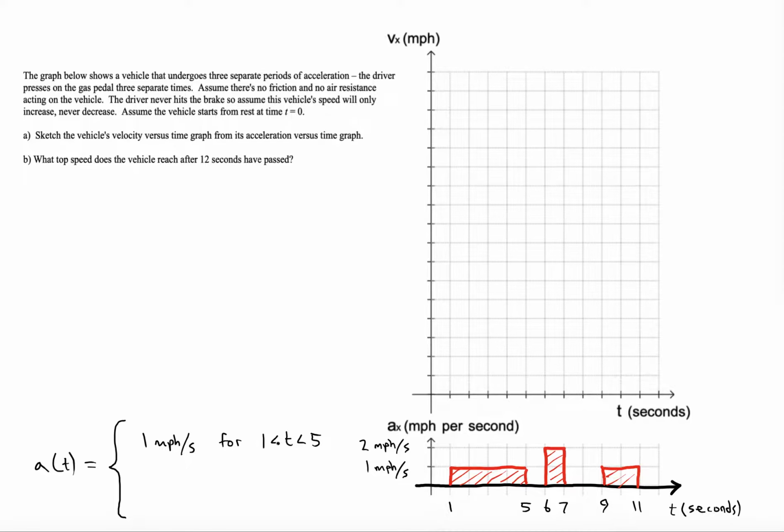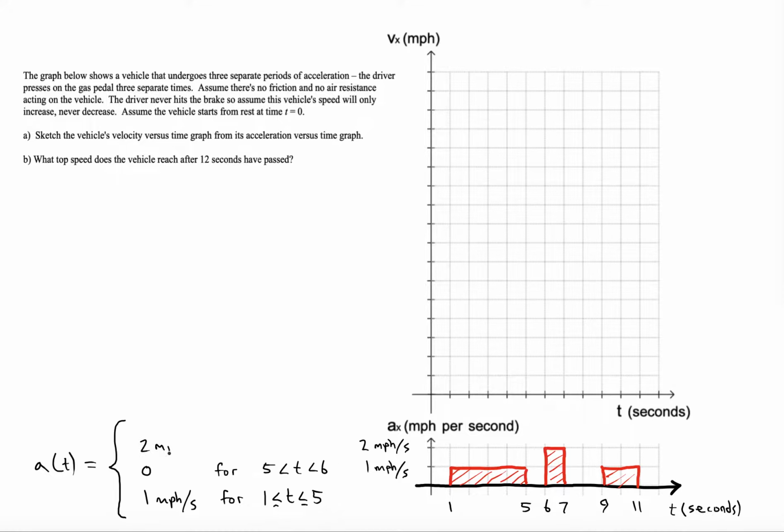Doesn't really matter whether you include the endpoints or not here. It's just a model of the motion. Then it's going to be zero for 5 to 6.